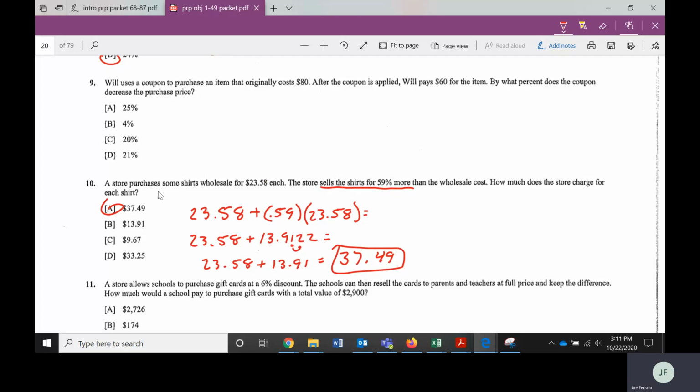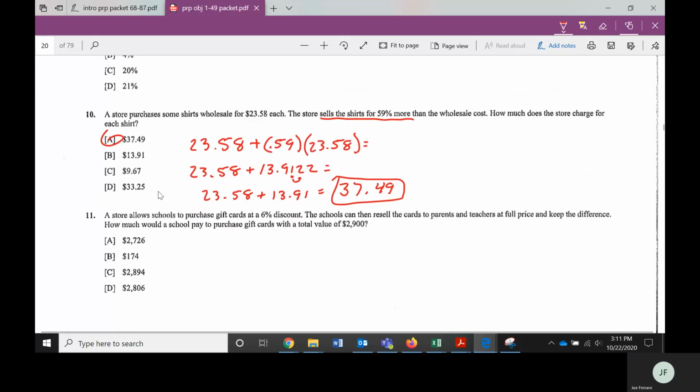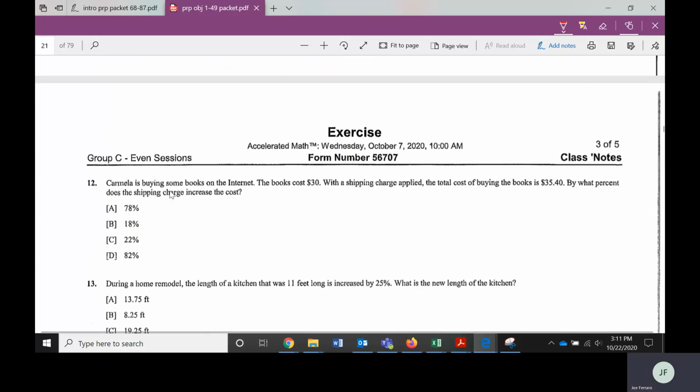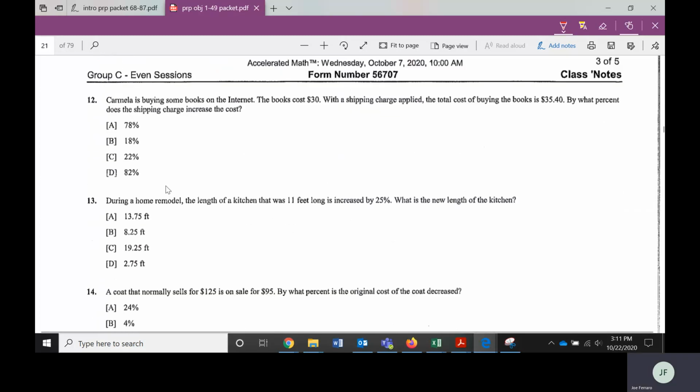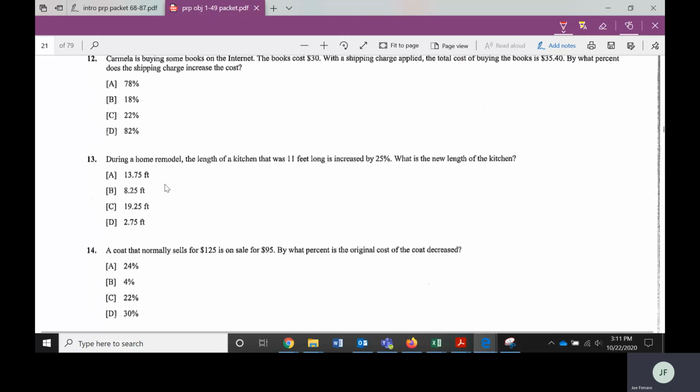So one more problem to do. And I know the other example that I want to show is on a separate page. So there will be 3 pages you're going to need to take pictures of to send and get your points.